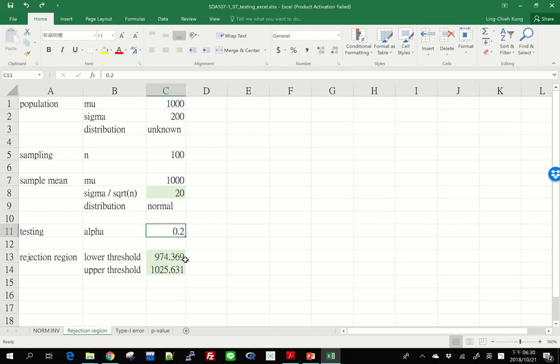Okay? So in practice, people need to make some reasonable decision about alpha. That's why it's typically 5%, 1%, 10%. Okay? So I hope this experiment somehow helps you to understand more about testing, about type 1 error, about all the settings here.